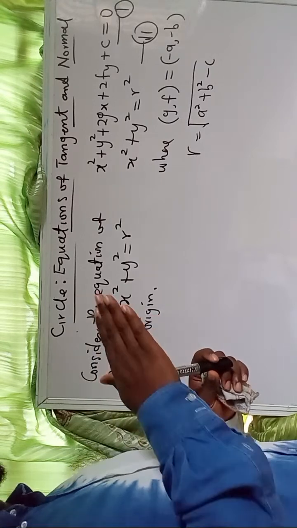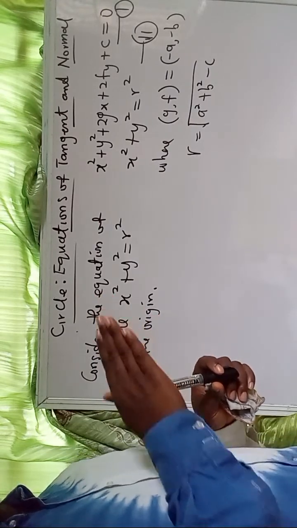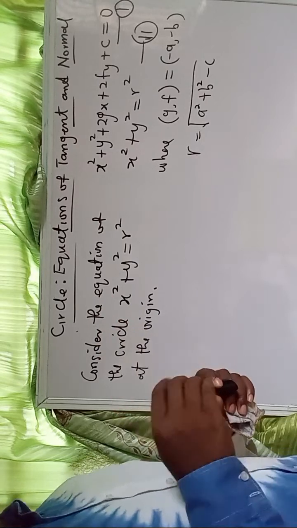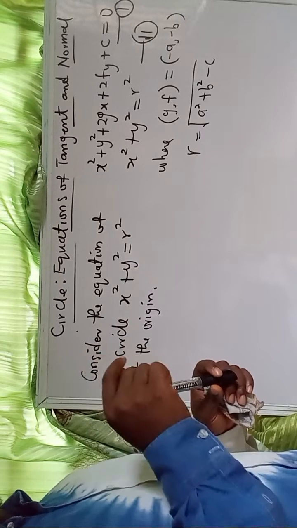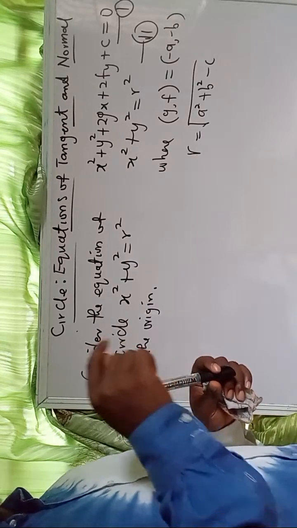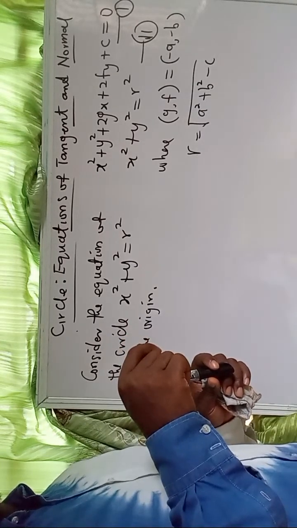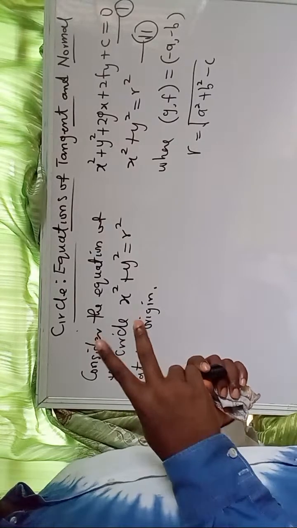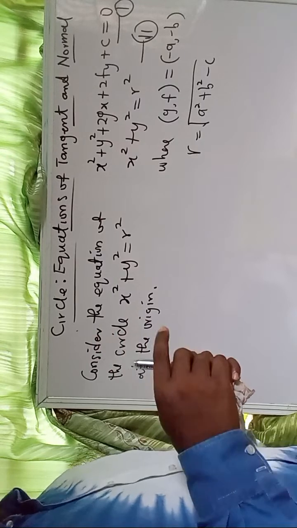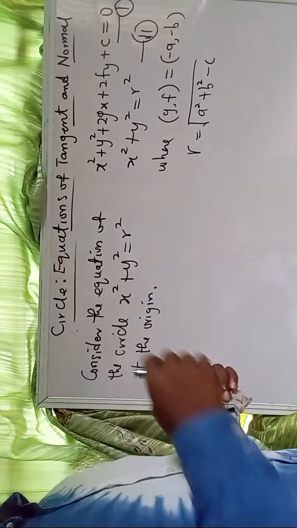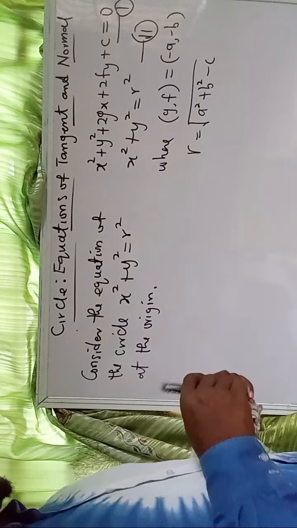Then secondly, we state a point at which the line is touching the circle. These two things will constitute an equation that will be representing the equation of a tangent line. So that's how we do this.